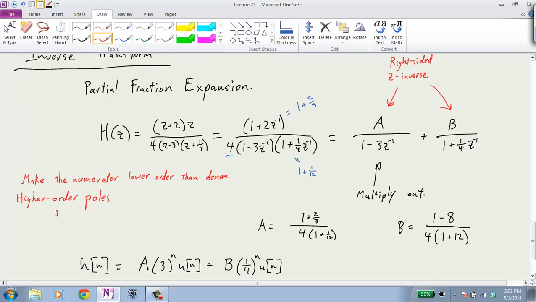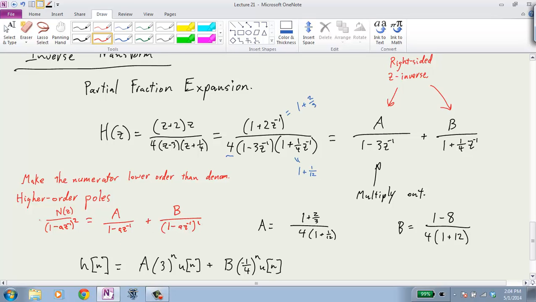So if you have some function N of z, the numerator of z over something like 1 minus az inverse squared, what you would do is you would write that as an A. You'd end up with two terms over here, 1 minus az inverse, and the other one would be 1 minus az inverse, well, squared.